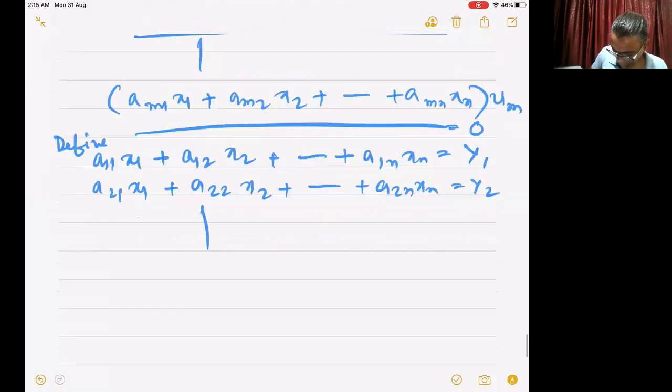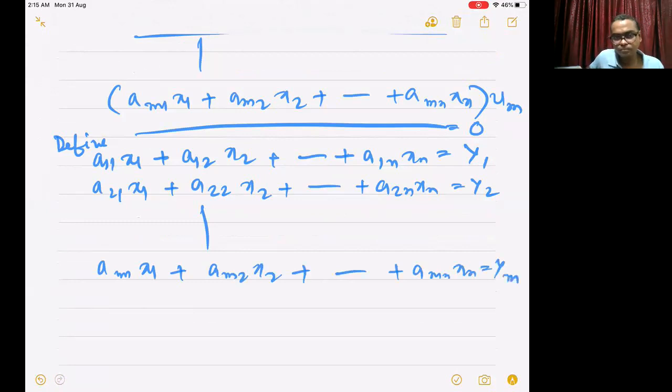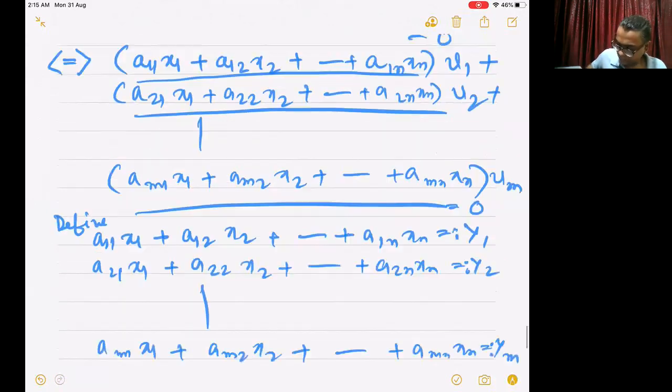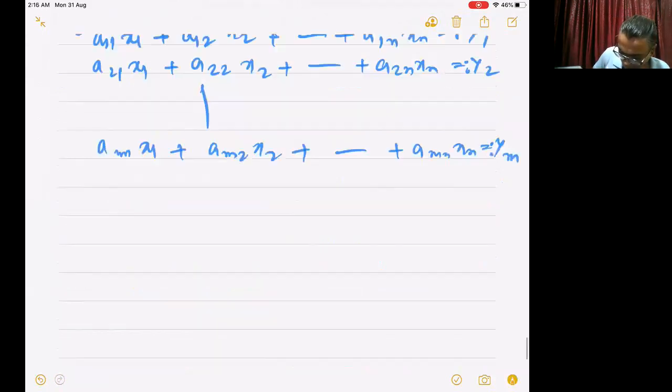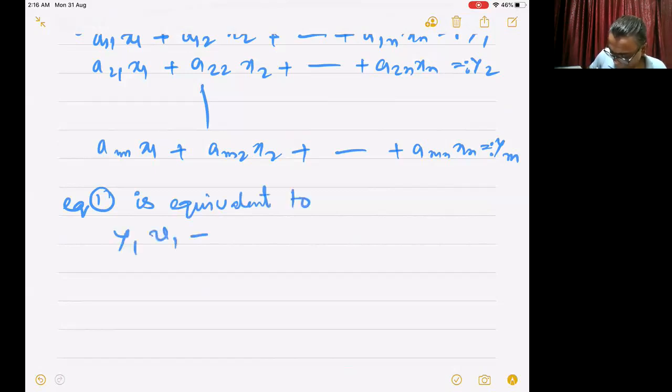Finally, I'll have am1 x1 plus am2 x2 plus dot dot dot up to amn xn, and this must be ym. So if I do these definitions, then this equation, which let me call equation 1, is equivalent to y1 v1 plus dot dot dot up to ym vm equal to 0, right?